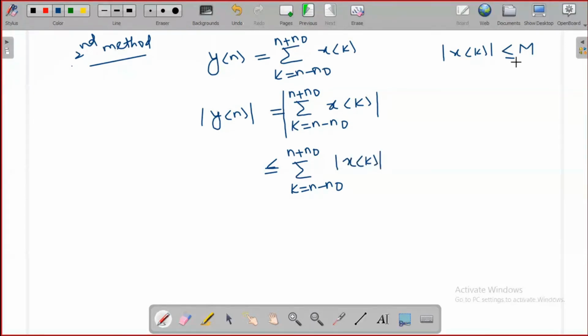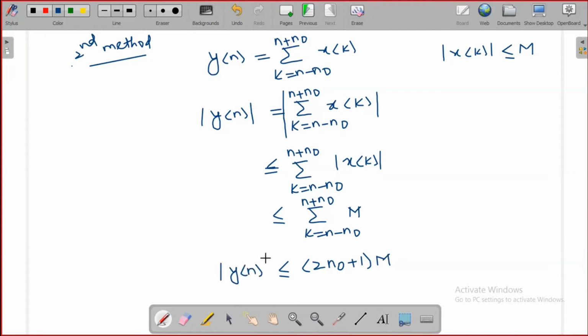What is the maximum magnitude of the input? It is M. So mod y of n is less than or equal to summation k from n minus n naught to n plus n naught mod x of k. I am taking the maximum magnitude, so it is less than or equal to just how many times you are adding M, from n minus n naught to n plus n naught, which is 2 n naught plus 1 times M. So the magnitude of the response is less than or equal to (2 n naught plus 1) into M, where M is a finite value and n naught is also a finite number.